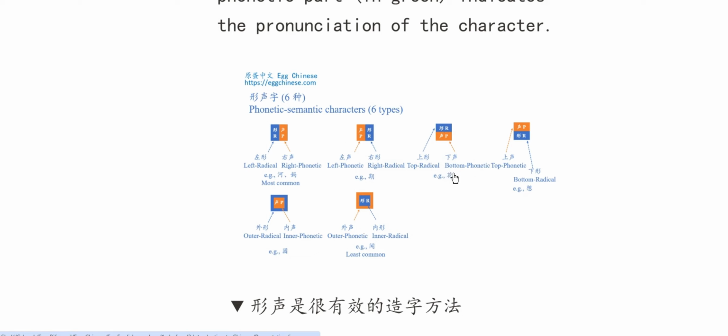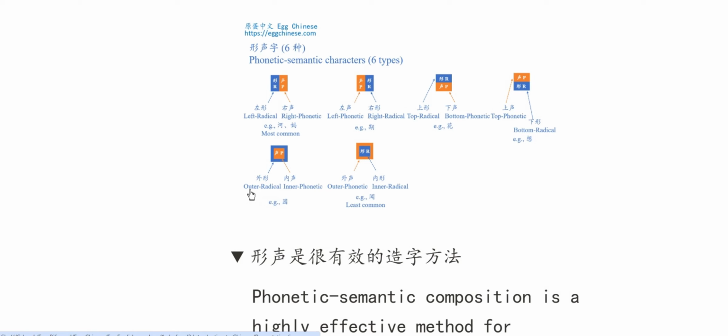For example, this character. And next one, top phonetic, bottom radical. For example, this character. Next one, outer radical, inner phonetic. For example, this character. Next one, outer phonetic, inner radical.